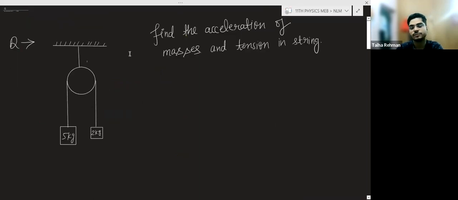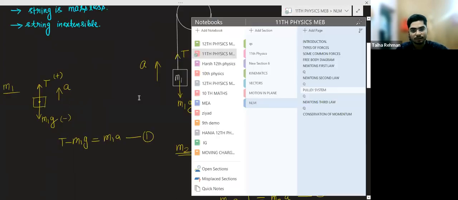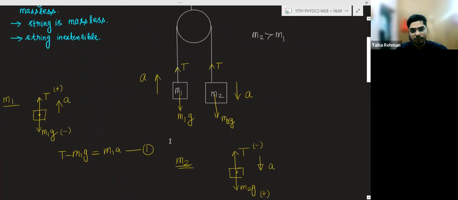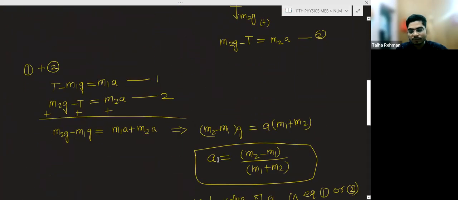So this is the first question. Find the acceleration of masses and tension in the string. This is the pulley, and on this pulley two masses are there, like I have shown here also. So what is the acceleration? m2 minus m1 divided by m1 plus m2.